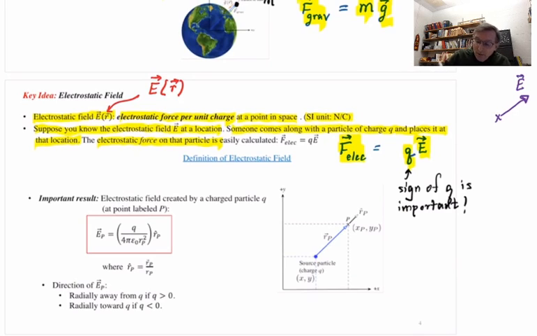And then you come along with your favorite pet particle and you put it at the X. Q is your pet particle's charge. What's the direction of the electric force on your pet particle? Answer is, it depends on the sign of the charge of your pet particle. If your pet particle has positive charge, then Q times E is a positive number times E, and it gives me a vector F in the same direction as E. Like that.